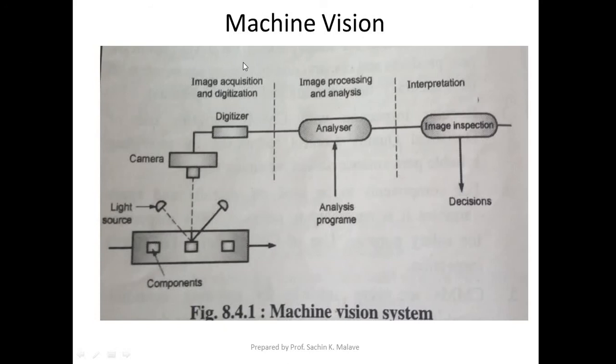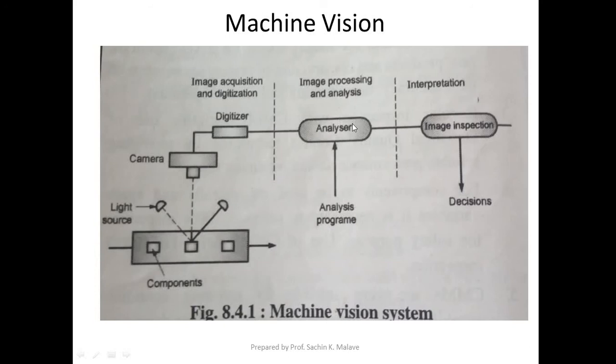That's why the first unit is image acquisition and digitization. The second unit is image processing and analysis. Here there is a digitizer, then image processing and an analyzer.